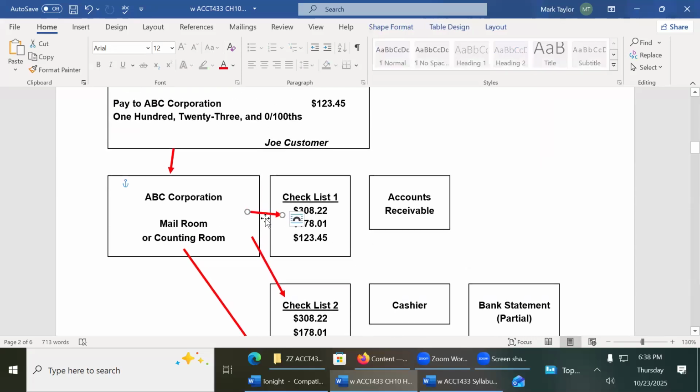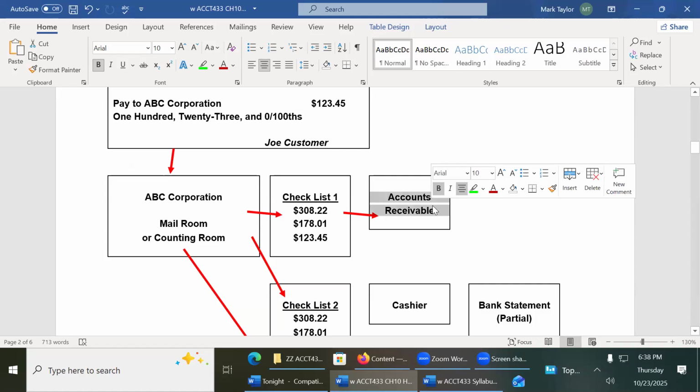Okay, so let's go up to this one up here. The first checklist goes to accounts receivable. And why does accounts receivable have the checklist? When I was looking at the bank, this is like people paying their loans and stuff like that.